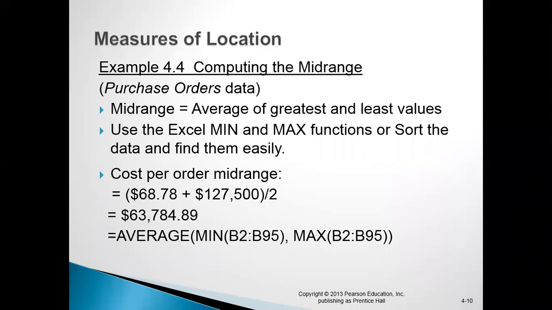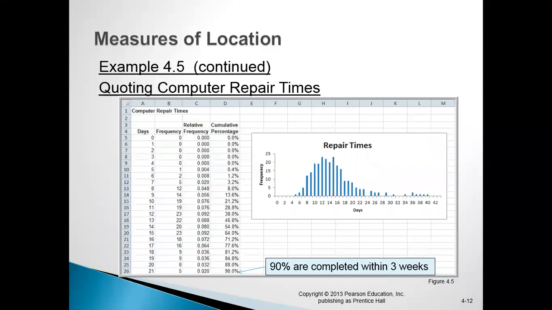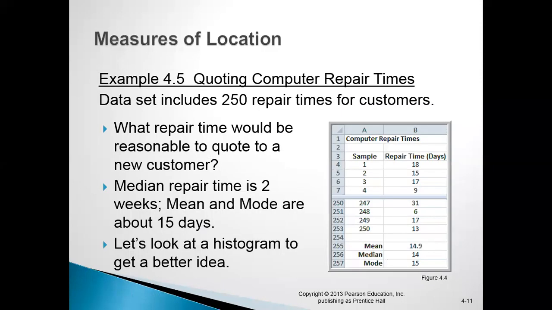Just see here, we have used a histogram example where 90% are completed within 3 weeks. So we will see 90% of the computers will be completed within 3 weeks, that is in 21 days, right? So we can give a time to people of at least 3 weeks. Here, mean and mode are about 15 days, right?